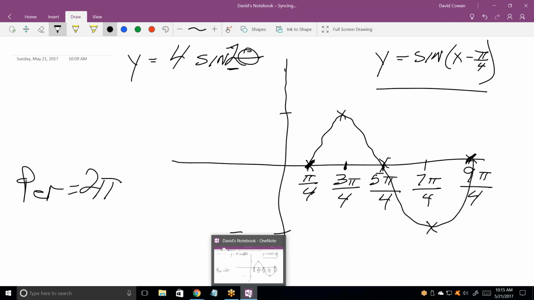And I could add most anything to this. I could add a 2 there. I could change the period by adding a 3 there. I could change the vertical shift, but none of it effectively matters. You're still going to go through that process of quartering it up between your beginning and your ending point.